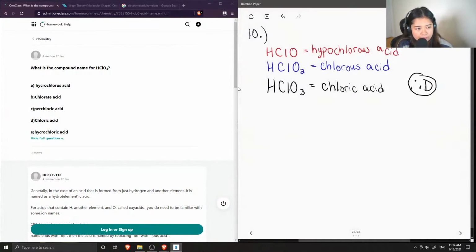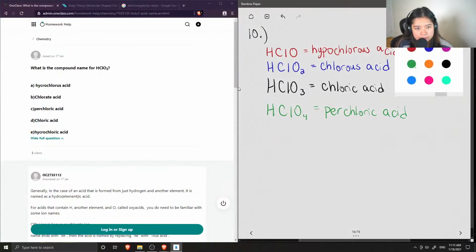And if we were to add another oxygen to be HClO4, this is called perchloric acid. And obviously, when we have everyone's favorite acid, HCl, this is just called hydrochloric acid.